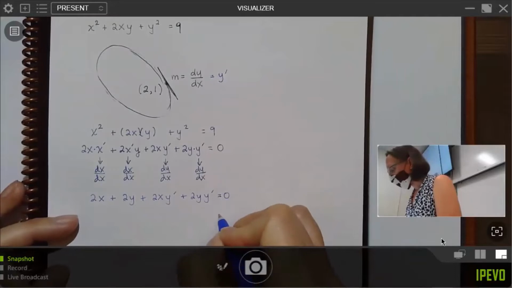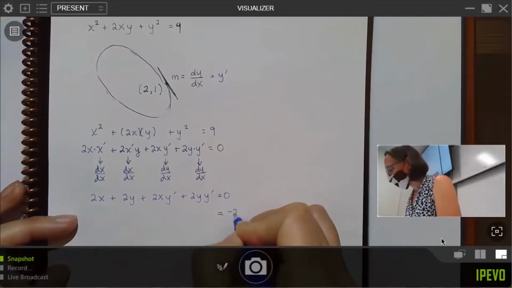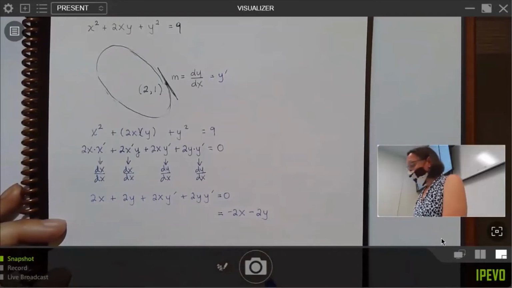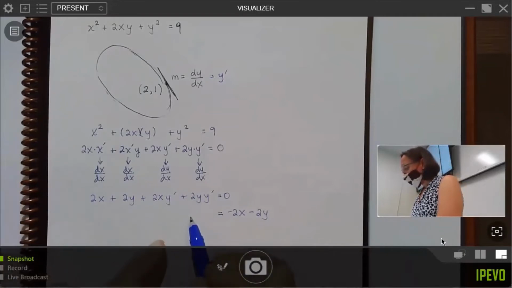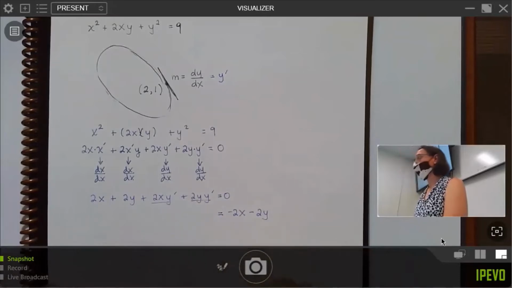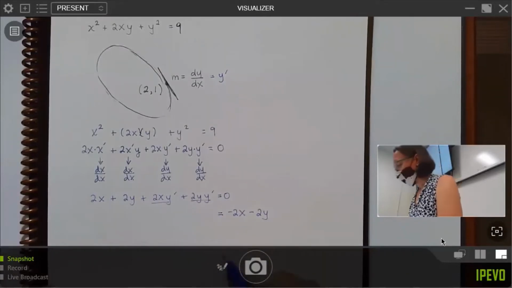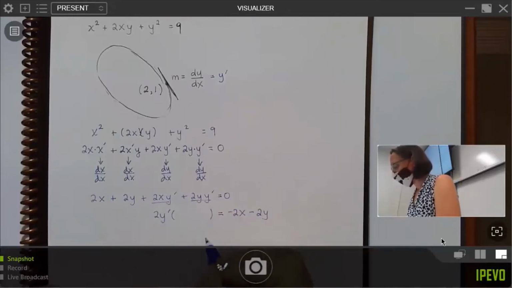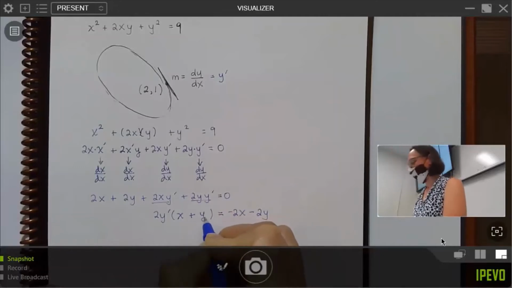So I'm going to subtract the 2x and subtract the 2y. Over here, since these two terms have a 2 and a y prime in common, I'm going to factor out the 2 and the y prime. From the first piece that leaves an x, and from the second piece that leaves a y.